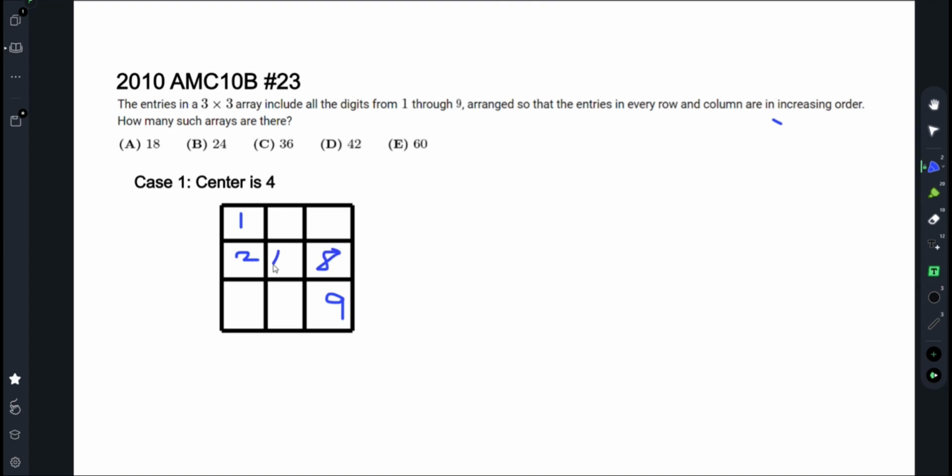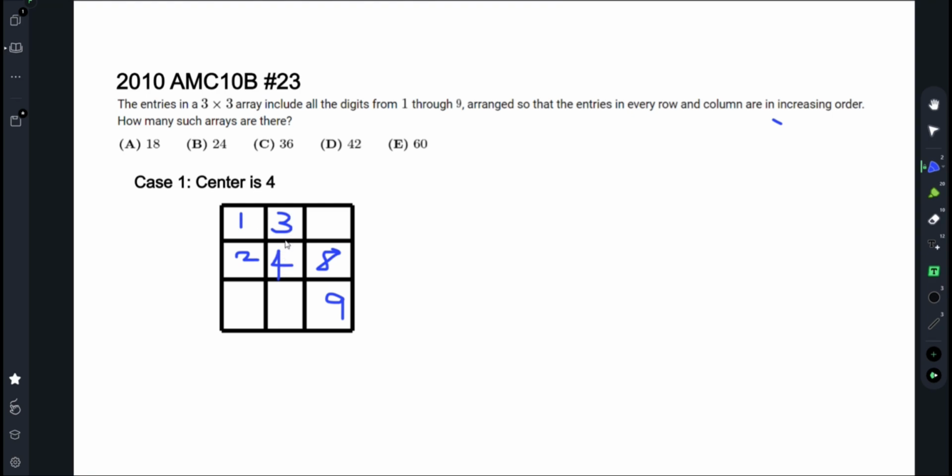So if the center is 4, then we know that 3 has to be here. And if 3 is here, this has to touch 4 and 1.